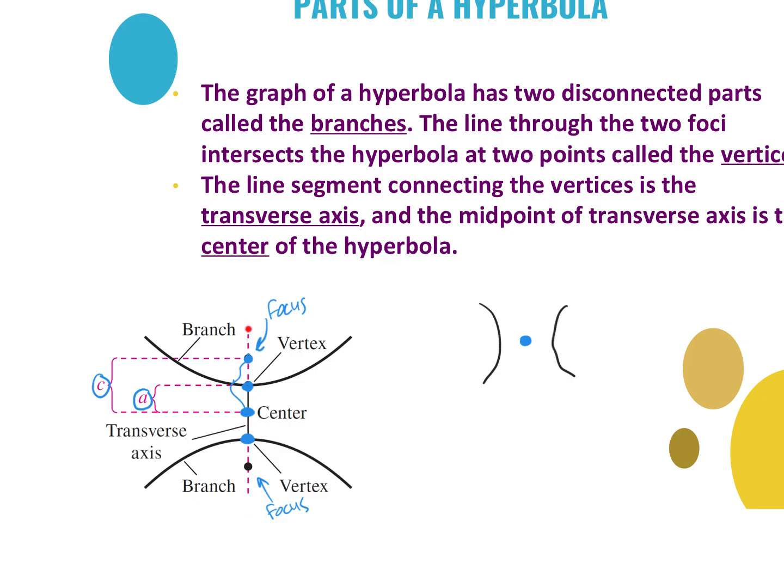We have our transverse axis, we have a center, our vertices, and our foci. And then our branches are going to go outwards from there. And you notice from here, your focus is inside of your two little U shapes. That's all for this slide. I'll explain more about hyperbolas in the next slide.